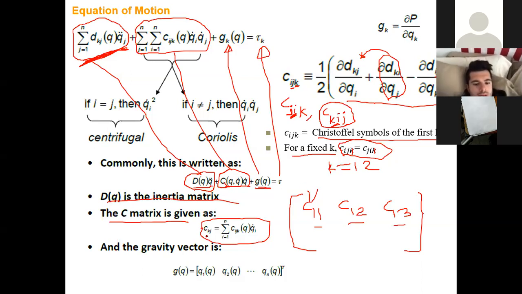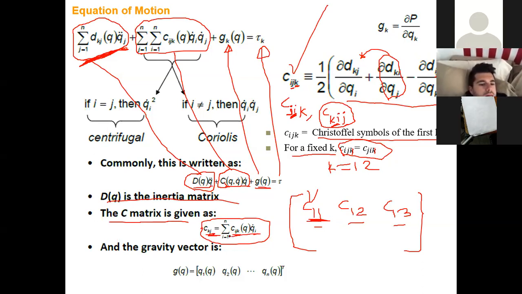In general, I call them Ckj. Those Ckj are found by this relation, where the sum from i equals 1 to n of Cijk, which is the Christoffel symbol, times qi dot.